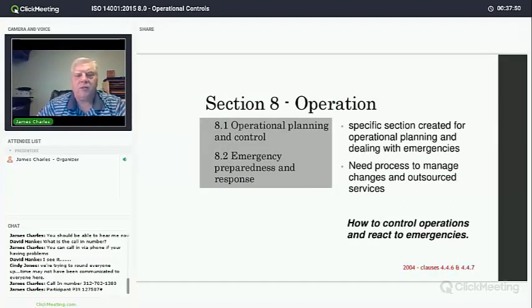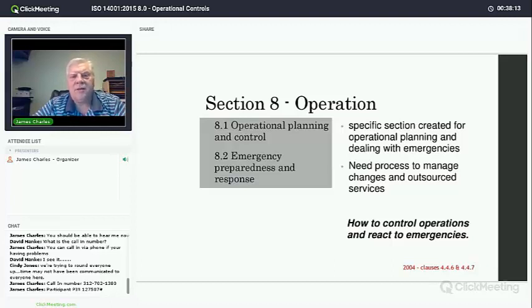So today we're going to focus primarily on Section 8.1, Operational Planning and Control. The previous standard called this Operational Controls, Section 4.4.6. The newer standard talks a little more generally about the things they want us to control.